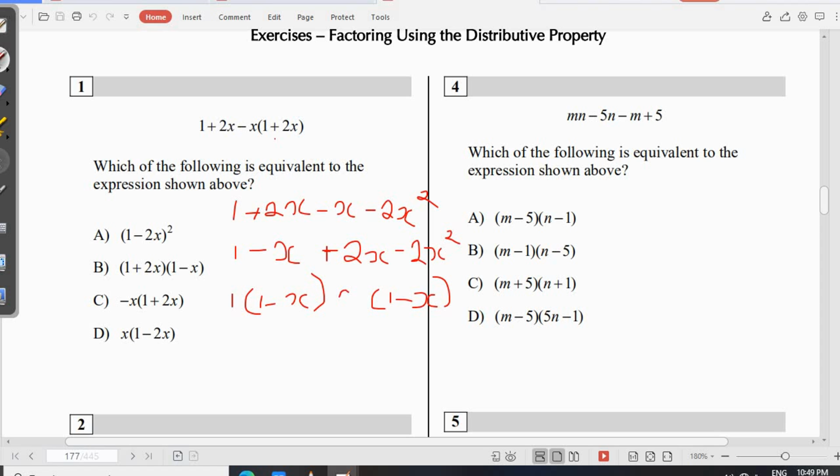We have 2x. 2x times 1 is 2x. 2x times minus x is minus 2x squared. So our two factors are 1 plus 2x and 1 minus x. And that is it. So the problem was just the arrangement here.